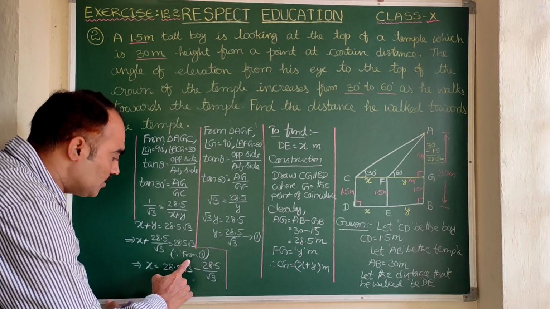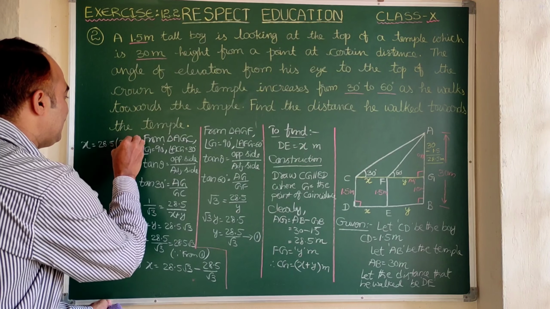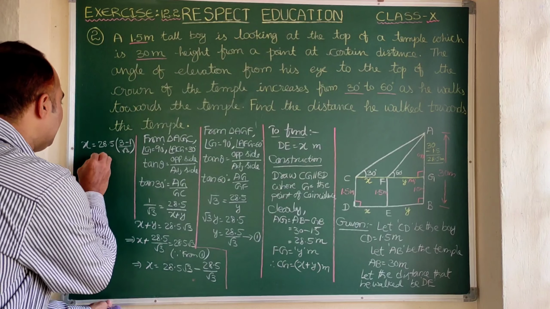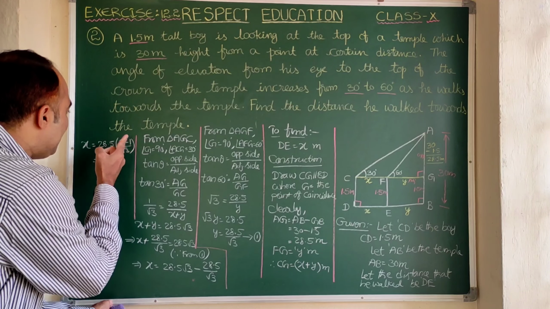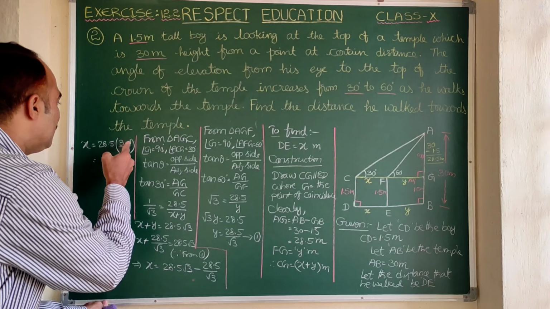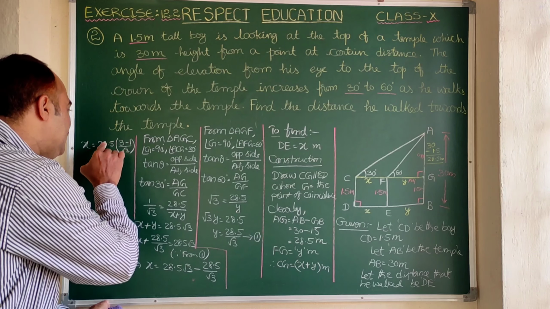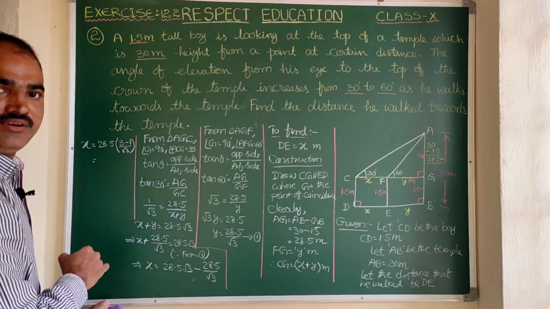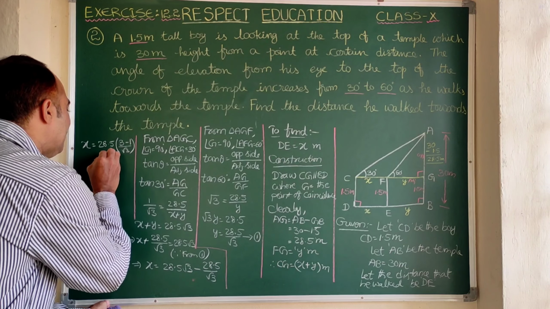Clear? So it is 28.5 into 3 minus 1 is 2. So 28.5 into 2 we have to do. 28 2s are 56. 0.5 2s are 1. So it is 56 plus 1, 57. So here 28.5 into 2 is 57.